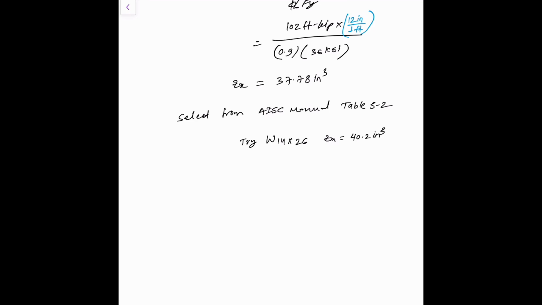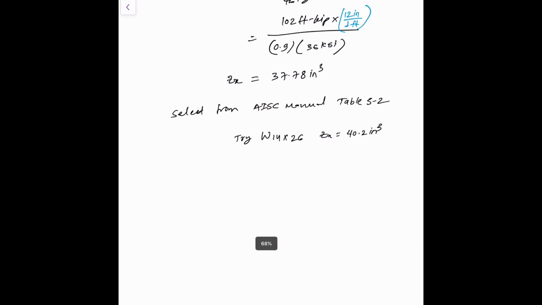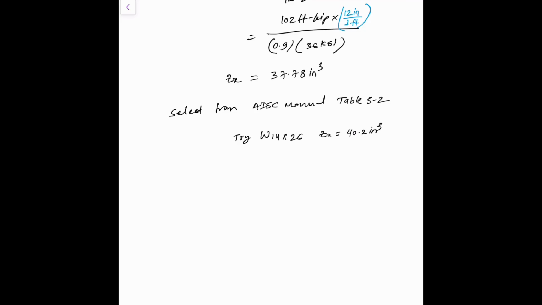After selecting the section, we will check the compactness of the section, whether the flanges and the web are compact or not. Our next step is classification of sections for local buckling.